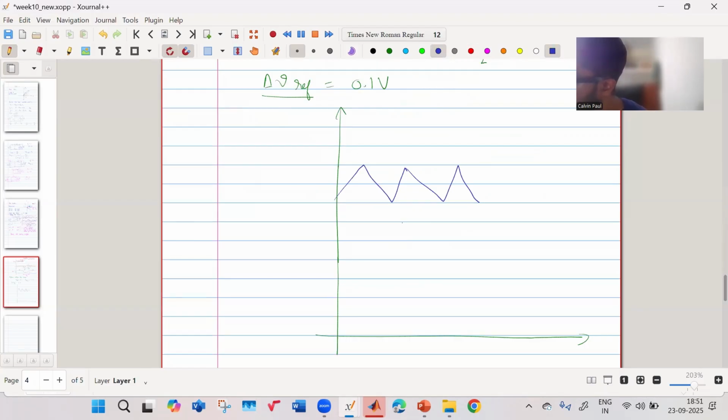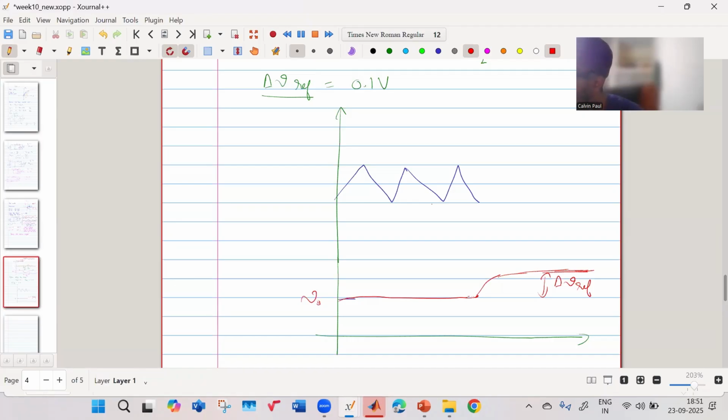Now your output voltage was roughly, if we ignore the ripple, let us say the ripple is very less, this. Now what do you want to do? You want your output voltage to go to this value, with some delta Vref given over here.